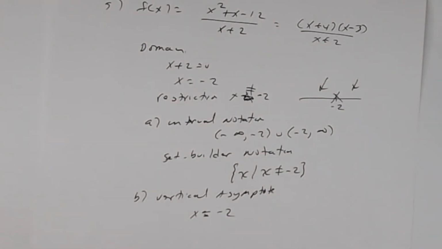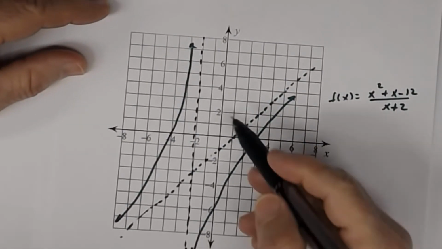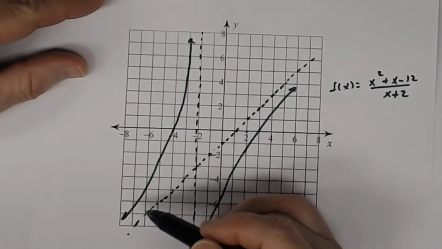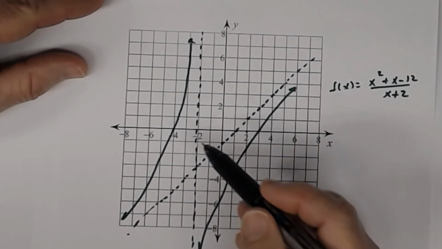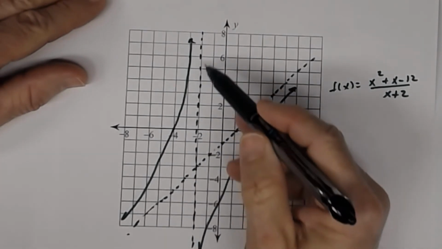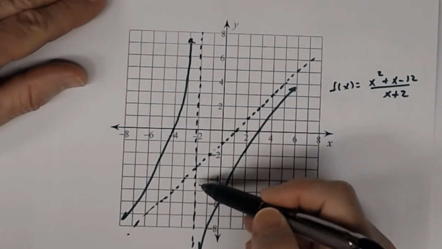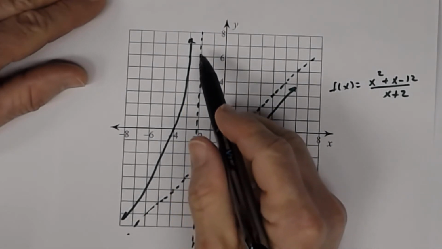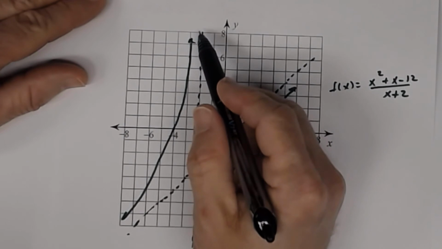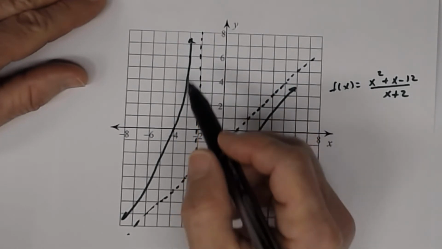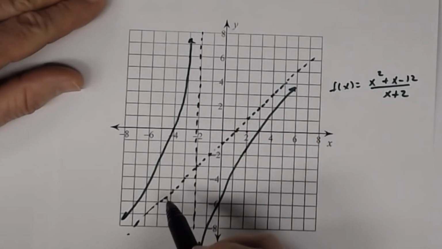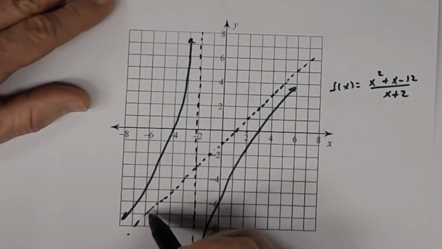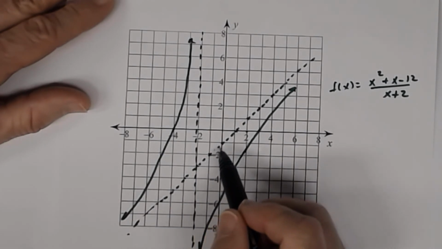The graph looks like this. So you see now this time this is the graph, and you may say, well, what is this slanted dotted line right here? Well, first of all, I want you to notice the vertical asymptote. So we just found the vertical asymptote to be x equal negative 2. There it is. And notice that the graph goes towards the vertical asymptote on this side. Now, you don't know how to do this yet, but notice, you see this slant right here?